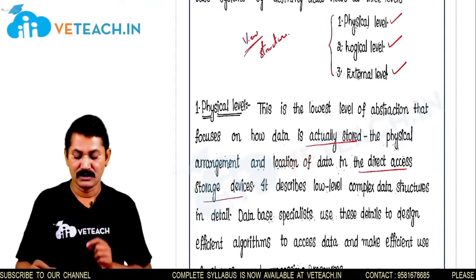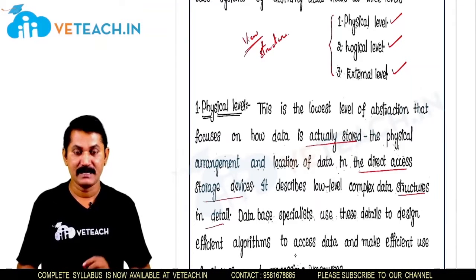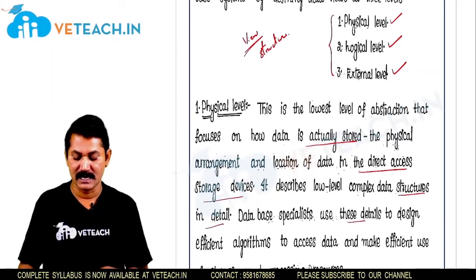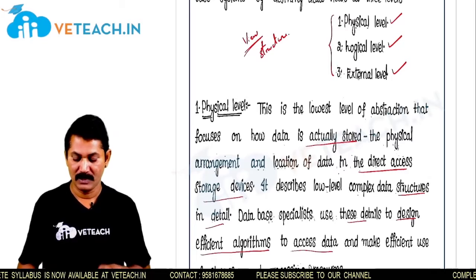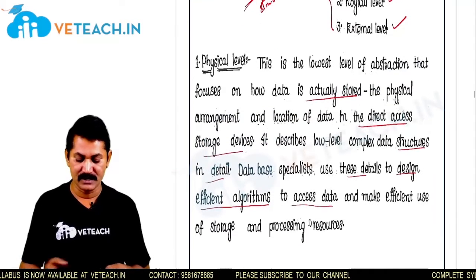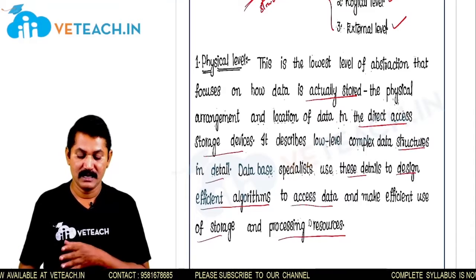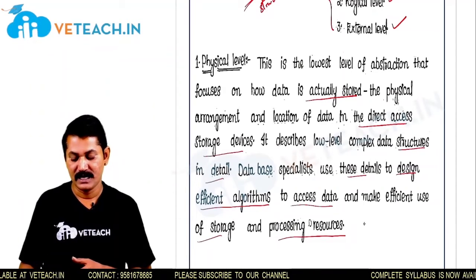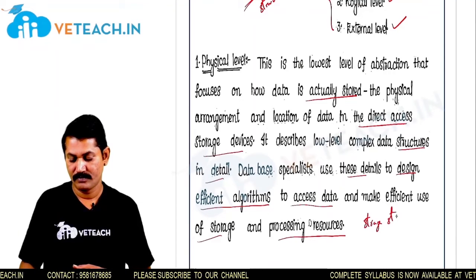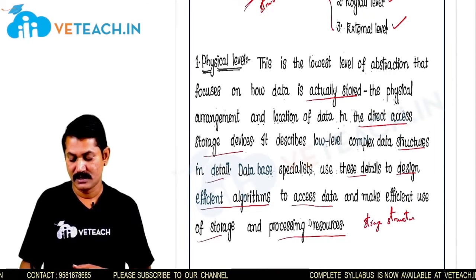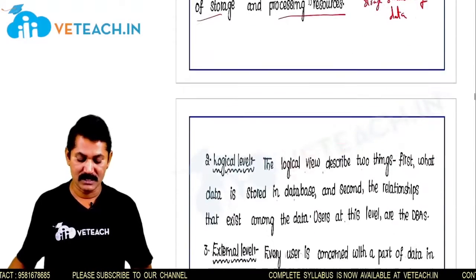It describes the low level complex data structures in detail. Database specialists use these details to design efficient algorithms to access the data and make efficient use of storage and processing. Here the physical level gives us the storage structure of data.